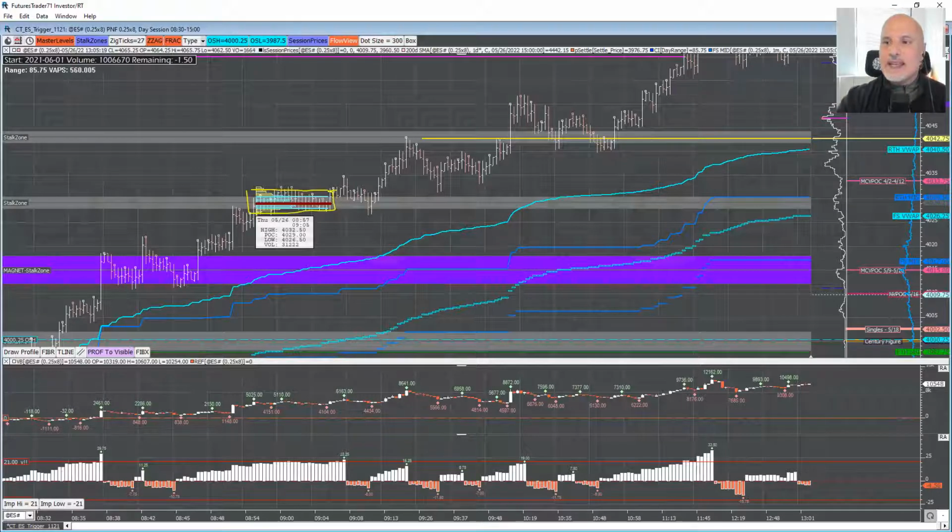There's enough here that I'm expecting that if anybody wants to sell, there's going to be some concreteness to that area. I can still get stopped out.